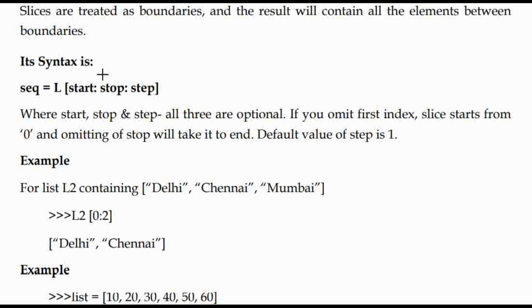Its syntax is seq = L[start:stop:step], where start, stop and step are all three optional. If you omit the first index, the slice starts from 0, and omitting stop will take it to the end. The default value of step is 1.